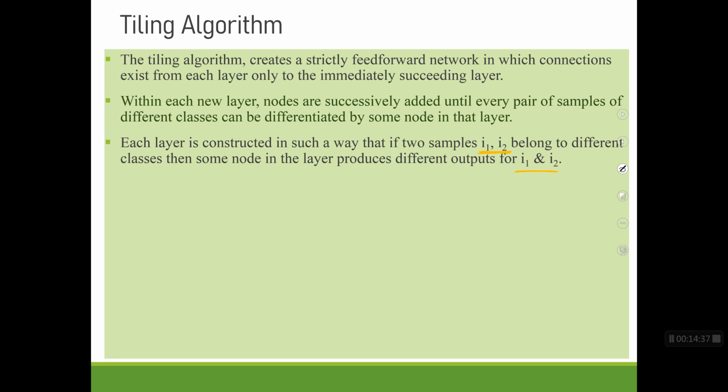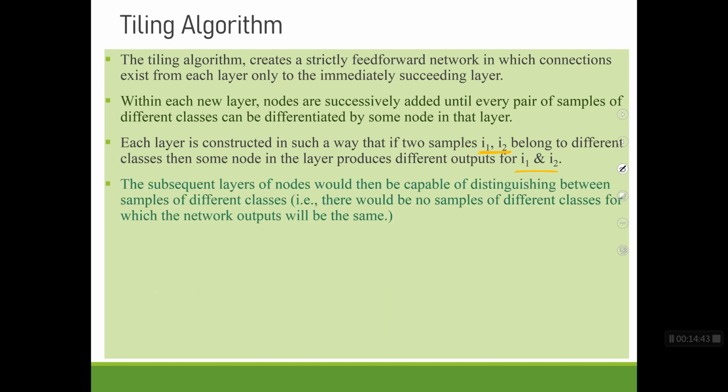So I have to go on adding nodes in such a way that all the pairs get separated, just as I explained previously. And the subsequent layers of nodes would then be capable of distinguishing between samples of different classes. So if your nodes in the first layer are not added properly, then in the second layer you will get a problem. In the second layer, it will not be able to properly classify the data.